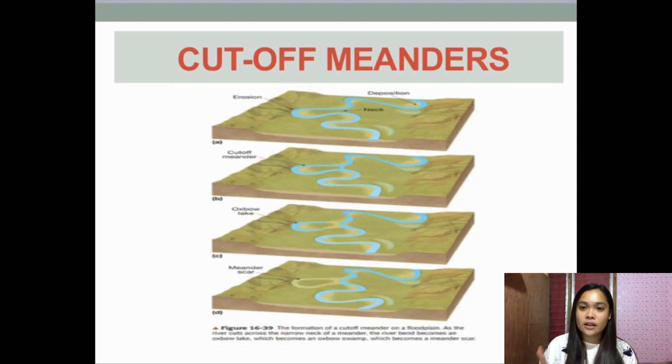As you can see in the picture above, that is the example of the cut-off meanders. In Figure 16 above, the formation of the cut-off meander on a floodplain: as the river cuts across the narrow neck of a meander, the river bend becomes an oxbow lake, then an oxbow swamp, which becomes a meander scar.